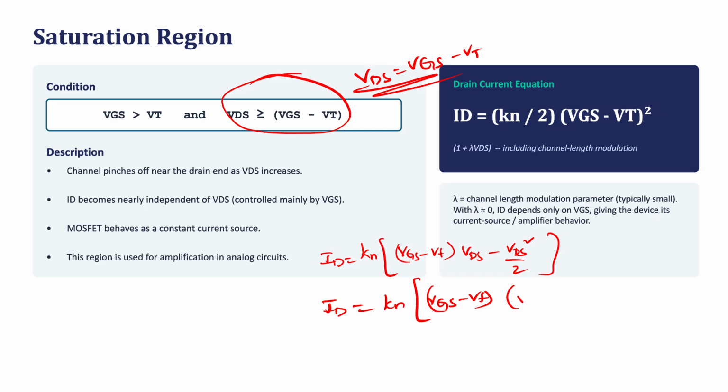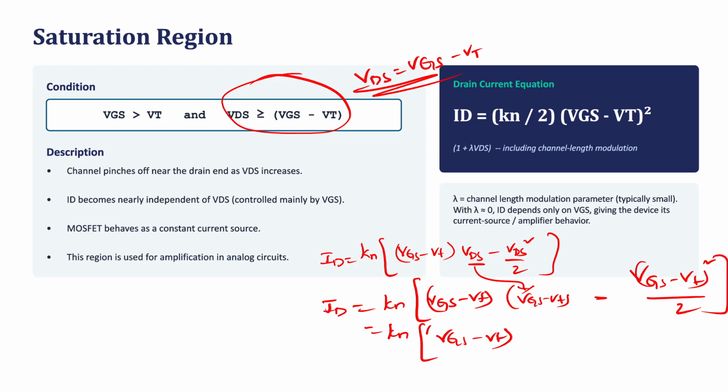So VDS is directly converted into this term, and again VDS is replaced with VGS minus VT, whole square by 2. So Kn times (VGS minus VT) into (VGS minus VT) is (VGS minus VT) whole square, minus (VGS minus VT) whole square by 2. Now we take the LCM: Kn into 2 (VGS minus VT) whole square minus (VGS minus VT) whole square, by 2.